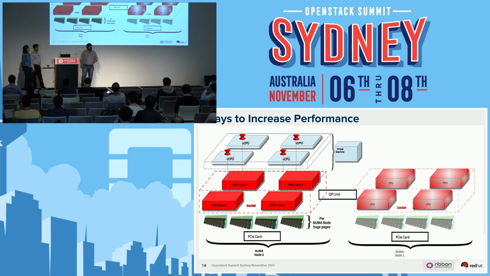So the benefit it gives is the memory access will be faster, the PCI accesses will be faster, the CPUs will all be running at the same rate, the cache misses reduce, the TLB misses reduce, giving you better performance. On the other side, if you don't do pinning and it goes across the NUMA boundary, then the QPI link comes into the picture, which adds a basic overhead to any memory access or network access.